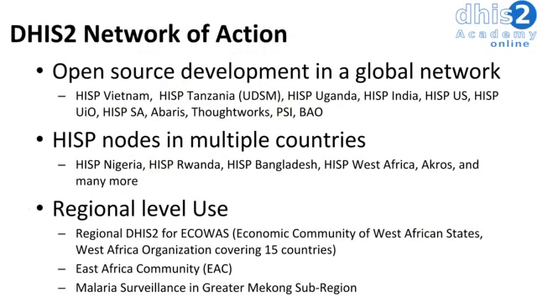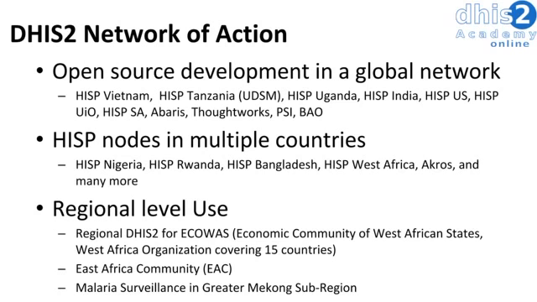The HISP collaboration has resulted in the creation of a global DHIS2 network of action. This includes open source development through various HISP nodes, as well as HISP nodes being created in multiple countries. Lately, we also see collaborations between countries that are using DHIS2, resulting in regional level use cases.